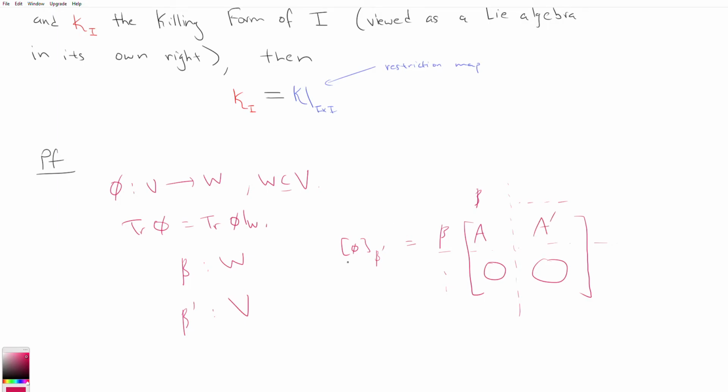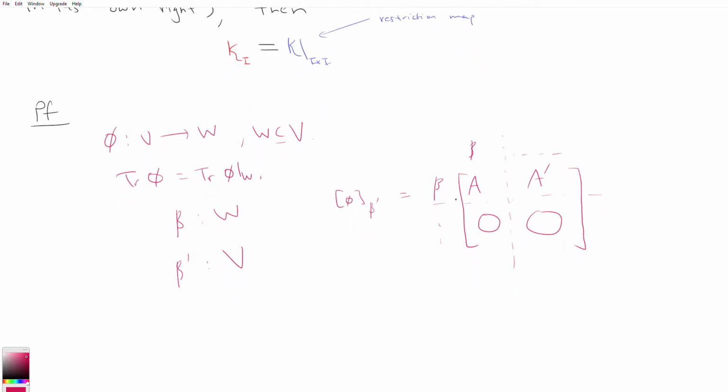And so this is the matrix of phi in some basis. We see immediately that the trace of phi, because it doesn't depend on the basis, is equal to the trace of A, because 0 doesn't contribute to the trace, and so this is simply the trace of phi restricted to W, because beta spans W.